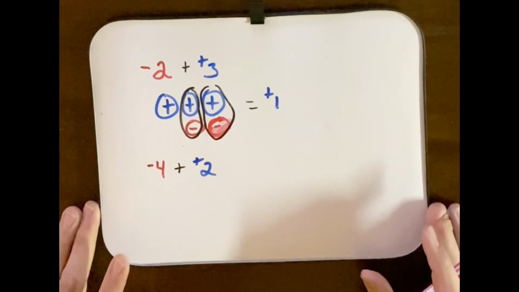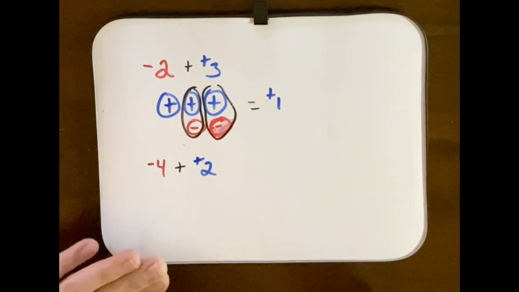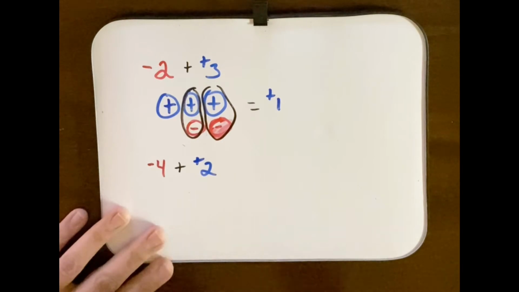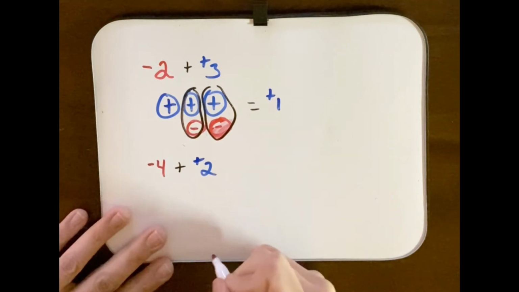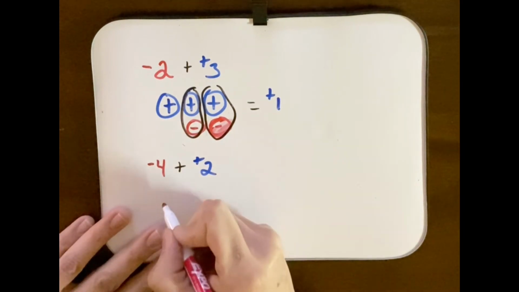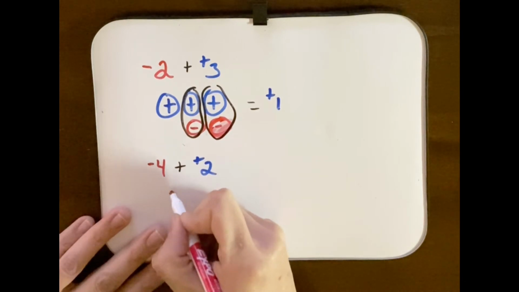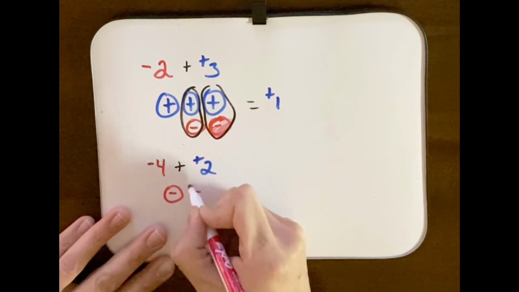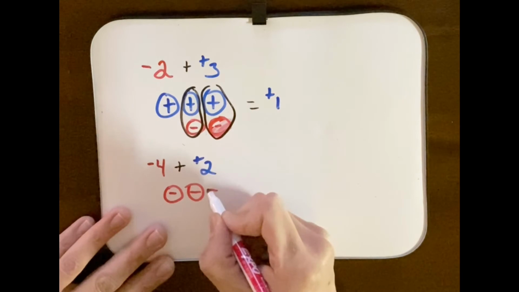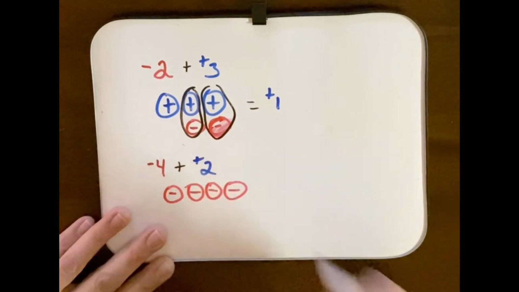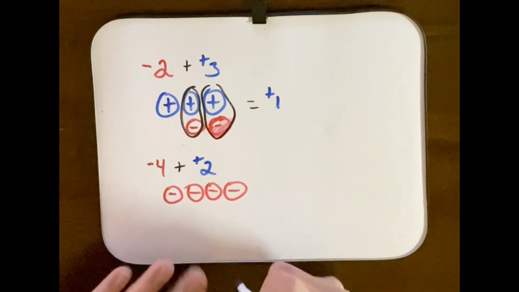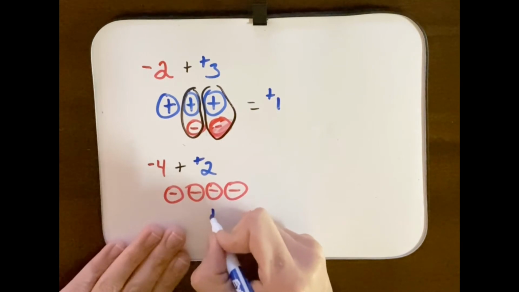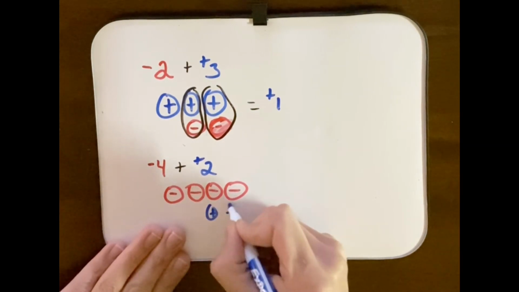Colors are nice. If you don't have colors, then just use negatives and positives. I like to draw them as chips. So negative chip, negative chip. We need 4 negatives, and 2 positives. So positive and positive, right?